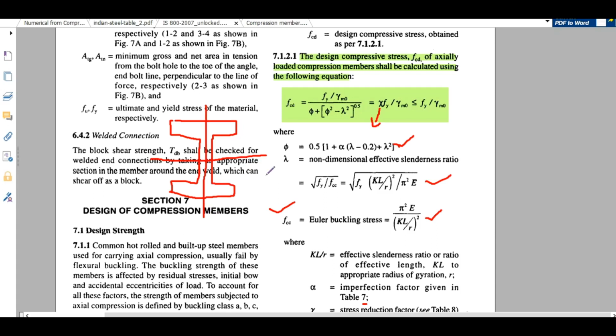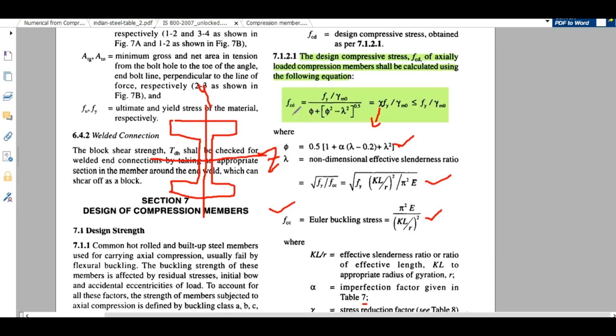You will get two different strengths, about the Y axis and about the Z axis. You have to find both, and the lesser one will be the governing strength for the cross section. So you have to find FCD for the Y axis, then FCD for the Z axis.